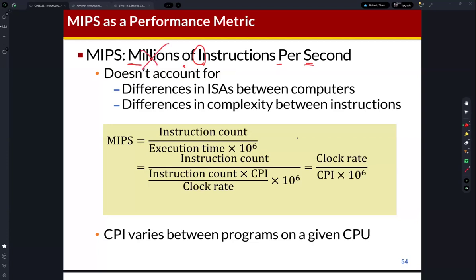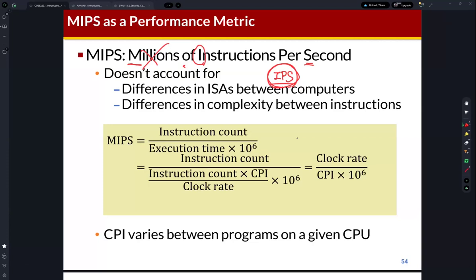If we just ignore millions, MIPS is the number of instructions per second. So we can use MIPS for measuring the performance of computer systems also.